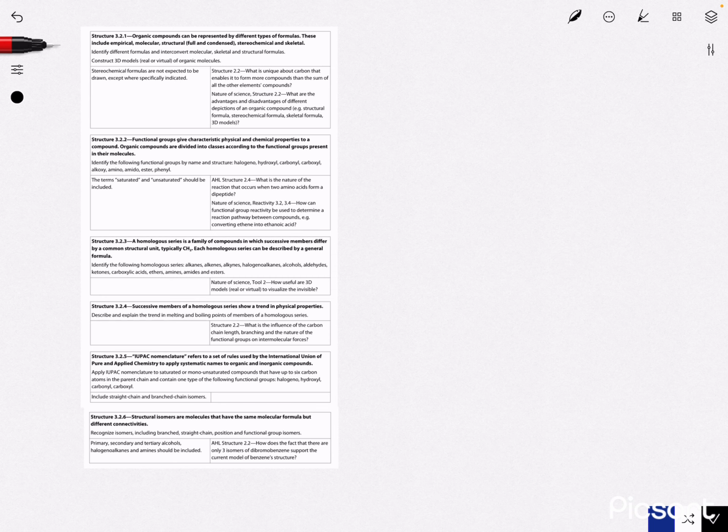Today we will be looking at structure 3.2, naming organic compounds and looking at functional groups. So before we do this, let's just define what an organic compound is.